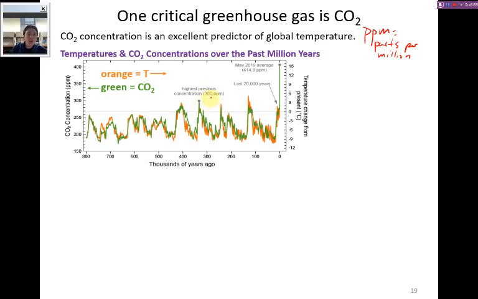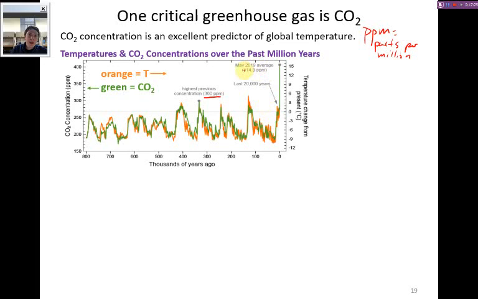So the highest previous concentration, which is about 330,000 years ago, was 300 particles of carbon dioxide per 1 million total particles in the air. Okay? And what we see is that temperature was about 3 degrees higher on average than where we have been over the past 50 to 100 years or so.